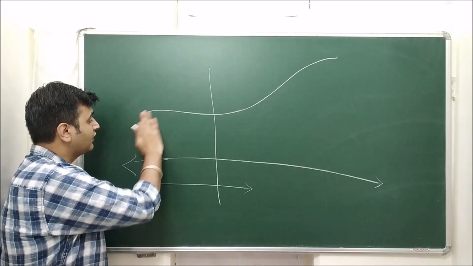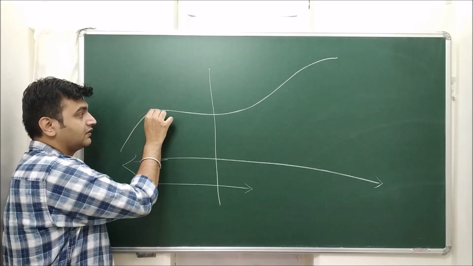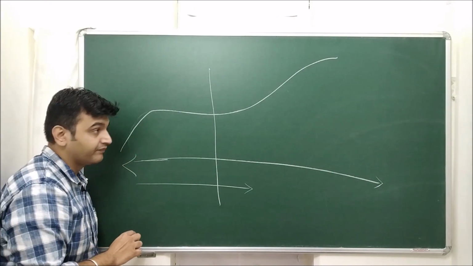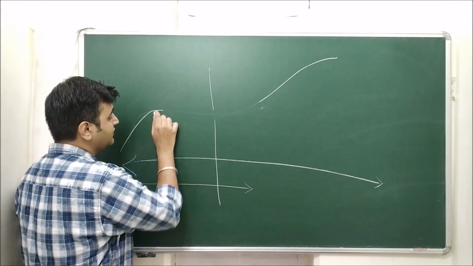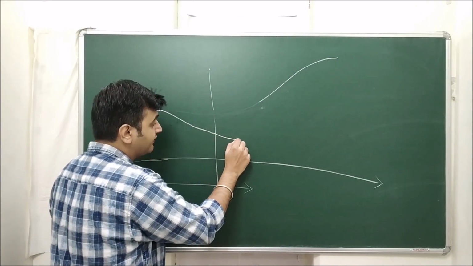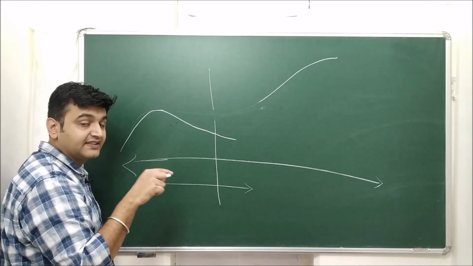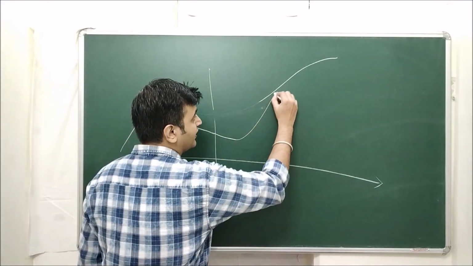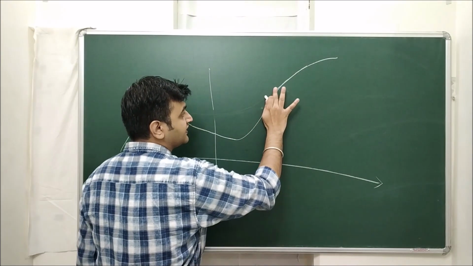If the graph of the function goes up, then we say that the function is an increasing function. And if the graph of a function goes down, then we say that the function is a decreasing function.